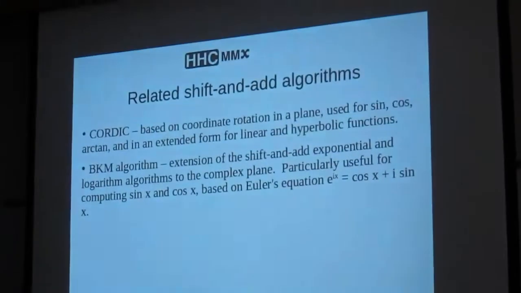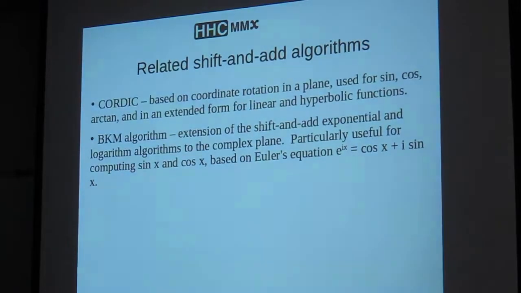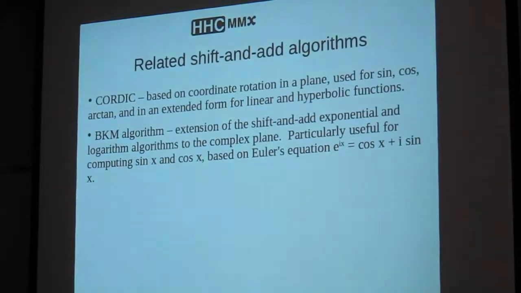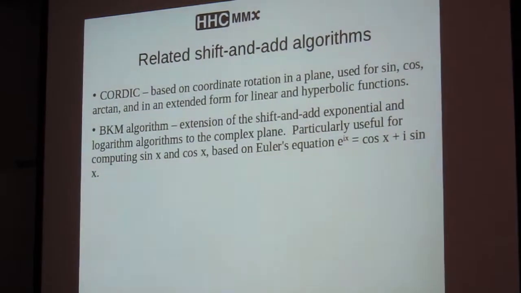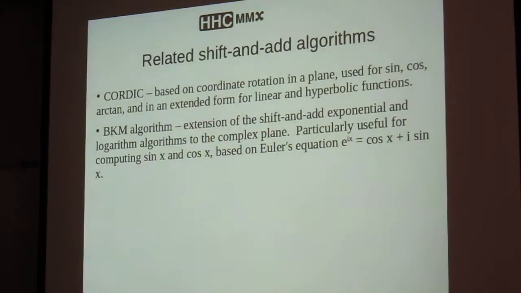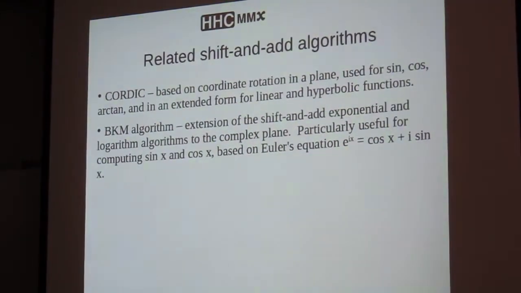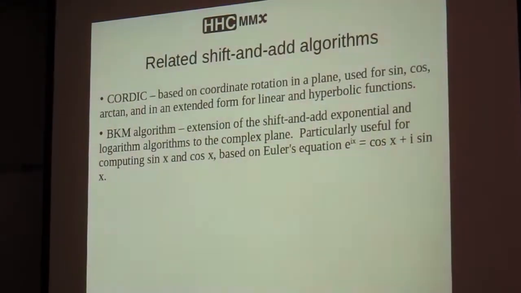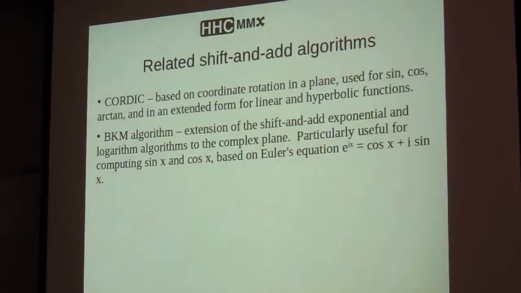There are related shift and add algorithms. Some of you may have heard of CORDIC, which is an algorithm used primarily to compute trig functions. It turns out that because of Euler's equation, e to the ix is cosine of x plus i sine of x, you can use the same algorithm but in the complex plane instead of just the real number line to compute the trig functions, and that actually is in some ways better than using CORDIC.